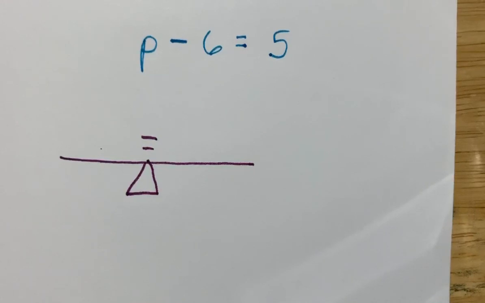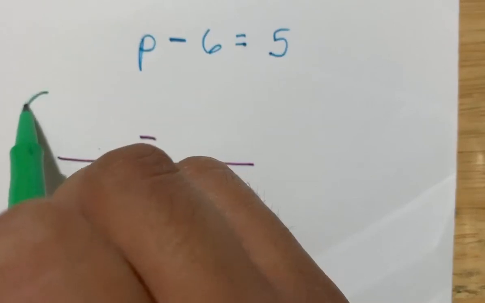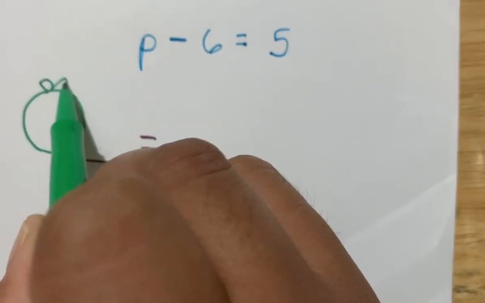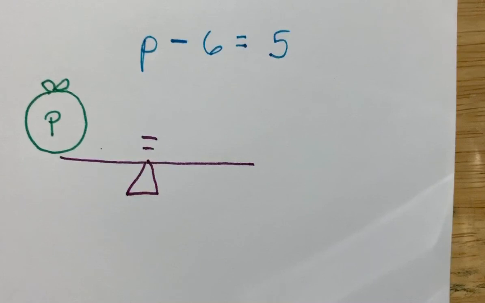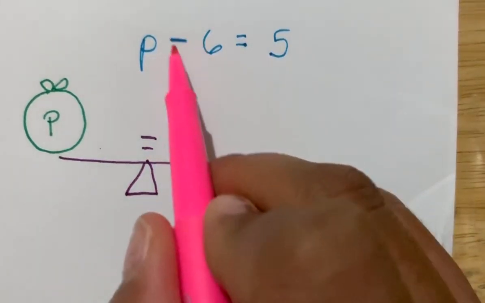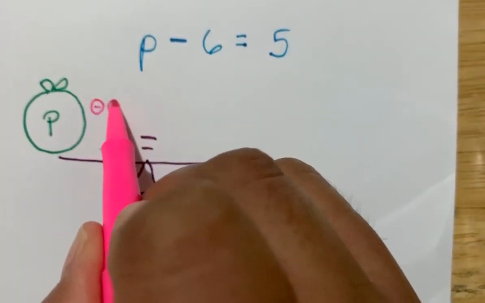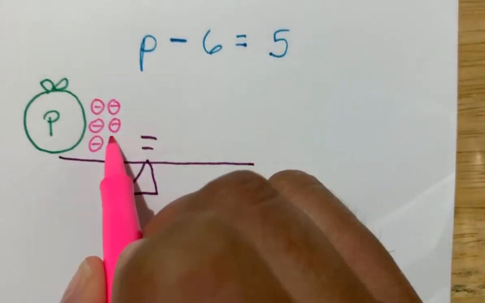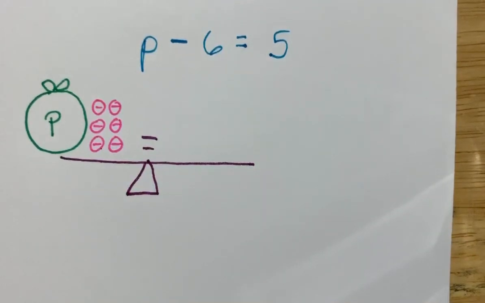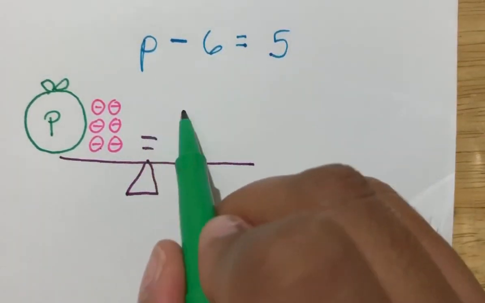Okay, and a lot of you are familiar with pouches and coins, so let's go ahead and go back to that. So our P is our pouch, and we don't know how much is in our pouch, and we're going to be using counters for our numbers. So minus 6 is the same thing as owing 6, which would be 6 negatives. Okay, and on the other side, I have 5 positives.